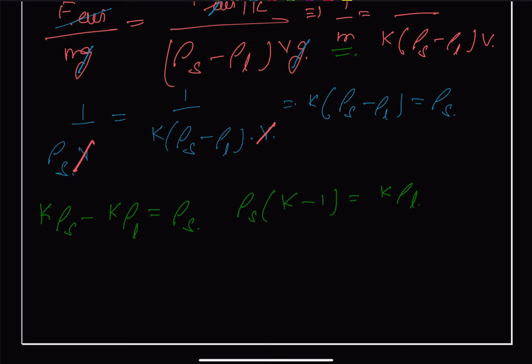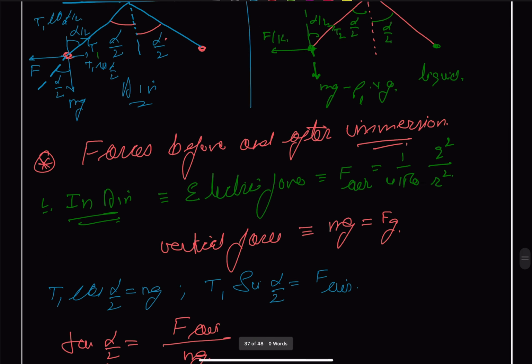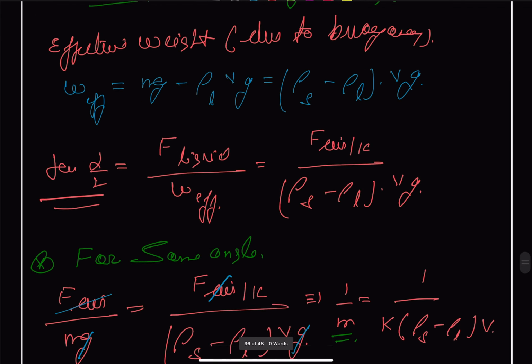So this gives us density of the sphere is equal to K times density of the liquid divided by K minus 1. This comes as 21 multiplied by 800 divided by 21 minus 1, which gives us 840. So option C is correct. So we have option A and C are correct.